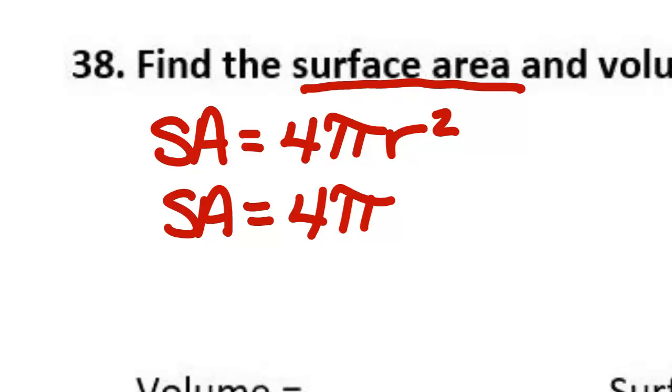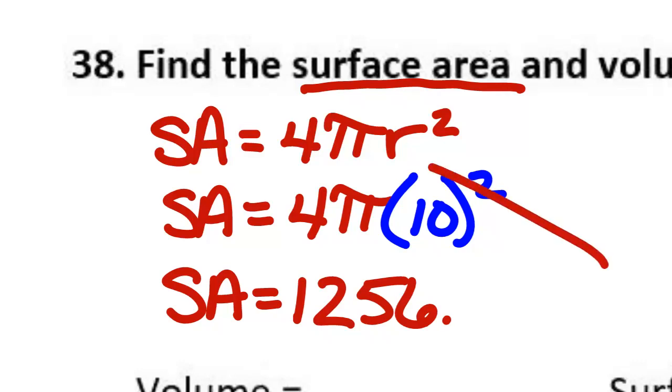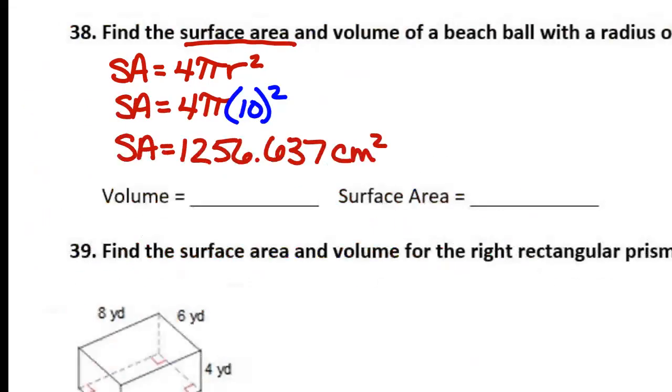What's our radius? 10. So 4 pi times 10 squared gives us what? Yep, 1,256.637 centimeters squared.